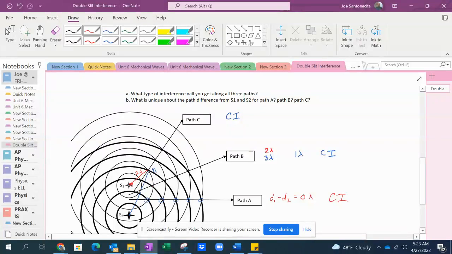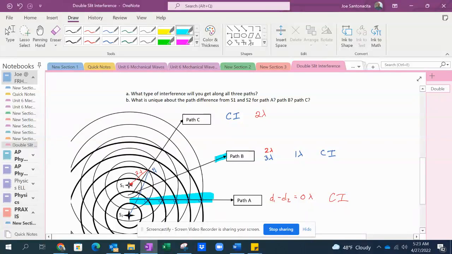So the distance for the wave from S2 is always going to have to be 2 wavelengths more to reach the same spot to have constructive interference where those crests and crests line up and where the troughs and troughs line up. So highlighted here along path A, you're going to have constructive interference, and the path difference for the wave from S1 and S2 there is equal to 0.